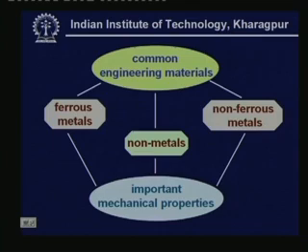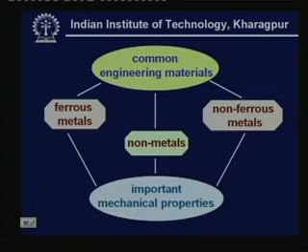Also non-ferrous metals and non-metals are quite used in design of machine elements. And for all three types of materials, one of the important things is the mechanical properties. As I told you in the earlier slide, the first thing is the mechanical property. Whichever material you choose, one has to look for that.